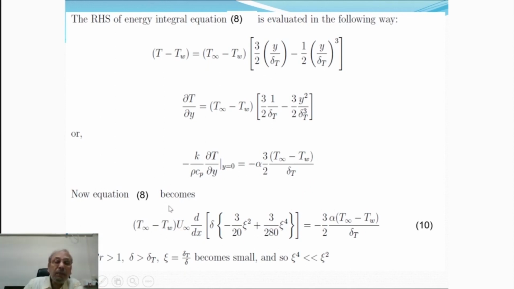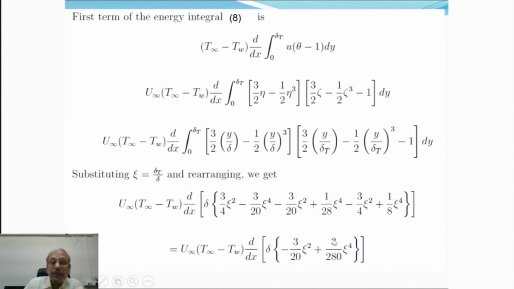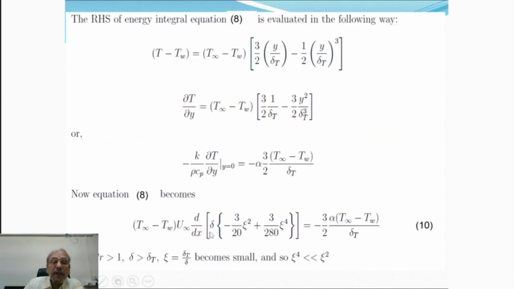Now equation 8 becomes (T infinity minus TW) into U infinity d/dx of this, which we got on the previous page. So we write d/dx of delta into minus 3 by 20 zeta square plus 3 by 280 zeta 4 equal to minus 3 by 2 alpha (T infinity minus TW) by delta t.